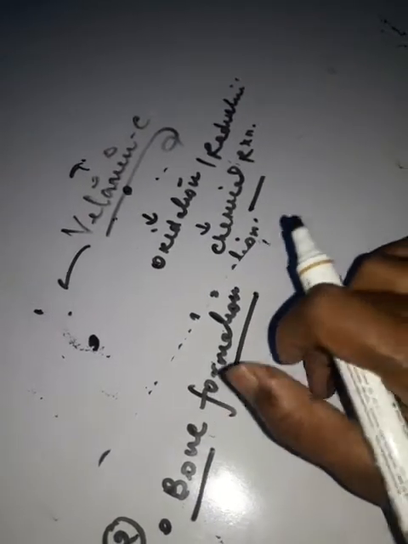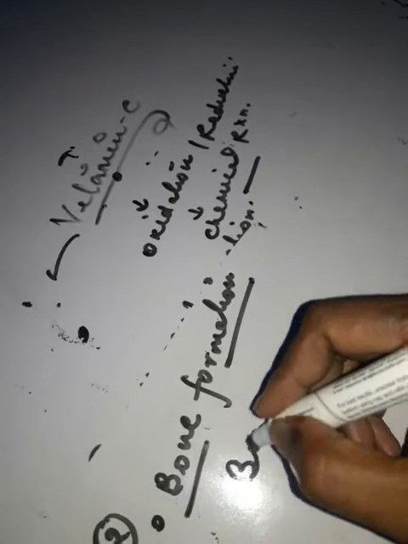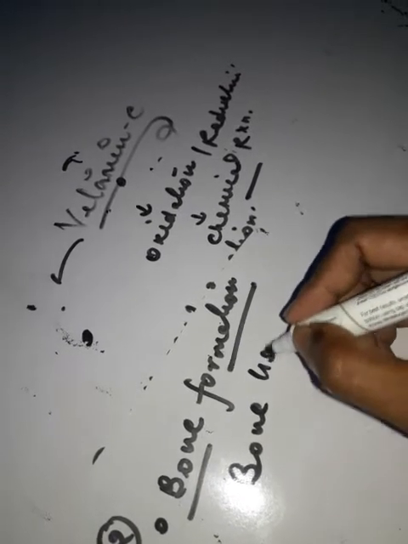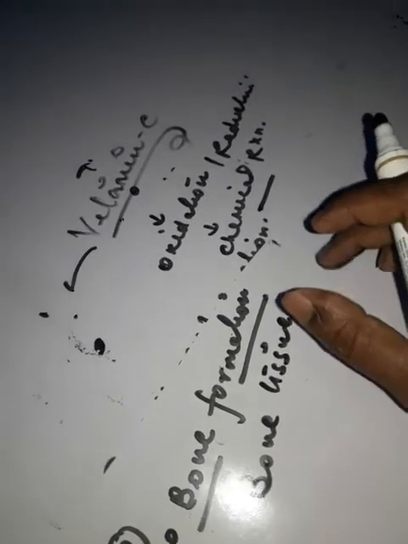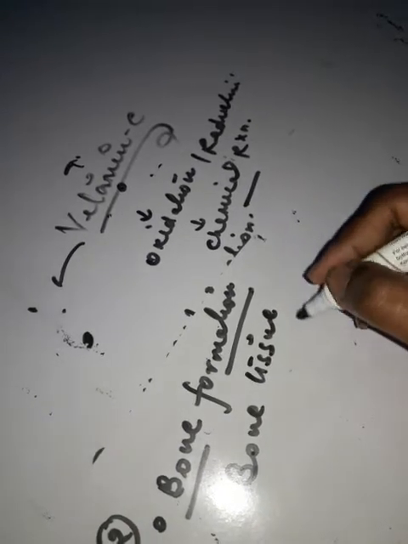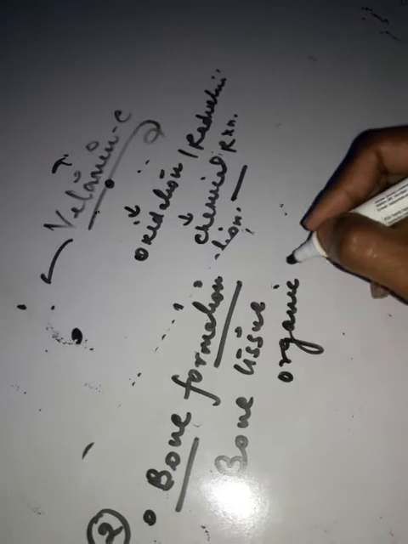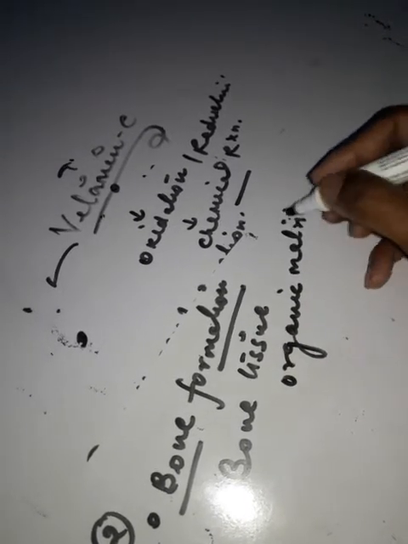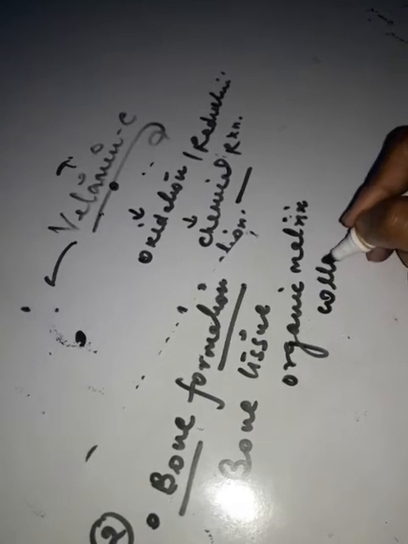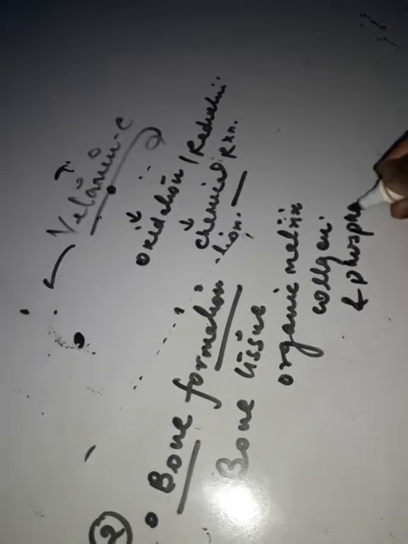If you see bone tissue, several biomolecules like the organic matrix, collagen and calcium phosphate are present. Okay, so in bone formation it also helps in the formation of these components. So it also acts in bone formation.